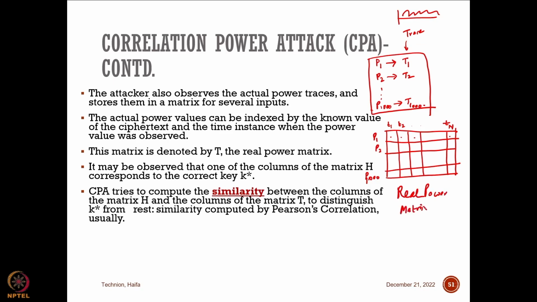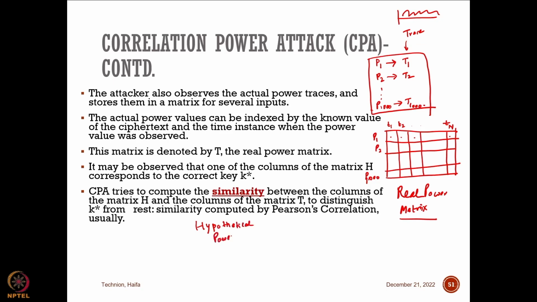This is nothing but the power traces stored in the form of a matrix. Now, in a similar manner, I also want to create a matrix which I call the hypothetical power matrix.